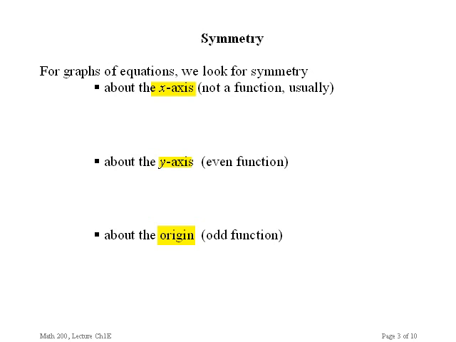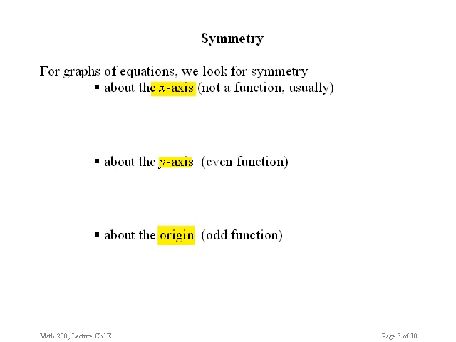Because if you took a graph and you folded it about the x-axis and the two sides were on top of each other, matched up, that would mean you had two values of y so that they could match up. Each value of x would then have 2 or more values of y, and it would by definition not be a function.